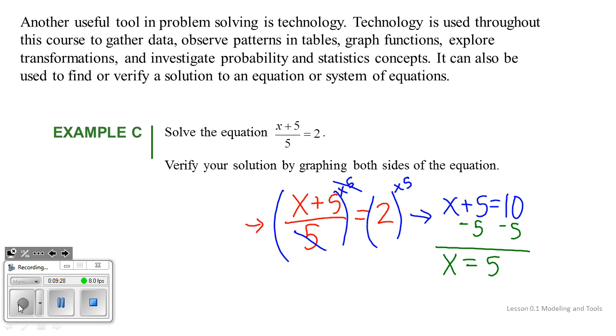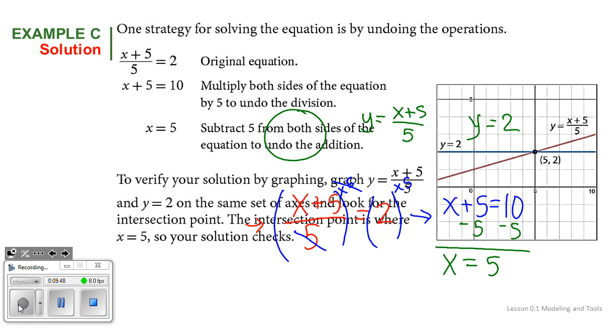So if we graph each side of this equation in our calculator, in other words, in my calculator, I enter y equals (x plus 5) over 5, and I would enter y equals 2. Now, I'll show you what that looks like.